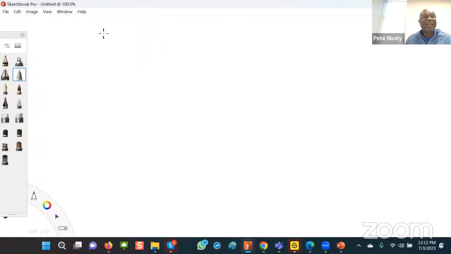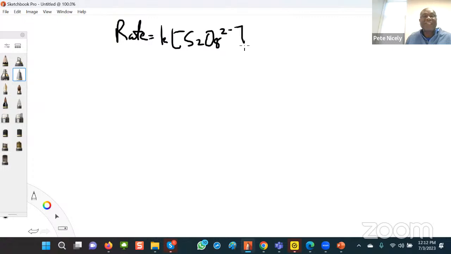So this is the first thing I would write down: rate is equal to K times the concentration of S2O8 2-, which is called the persulfate ion, raised to the X power, times the concentration of I-, raised to the Y power. We need to find out what X is and what Y is based on the data.